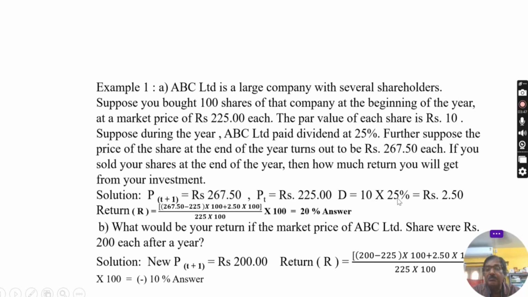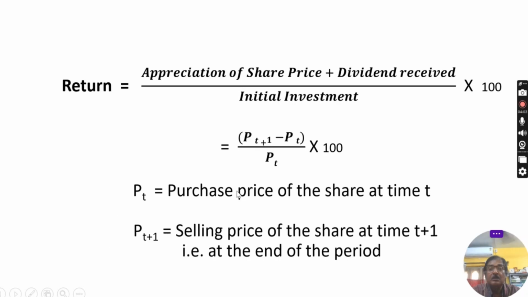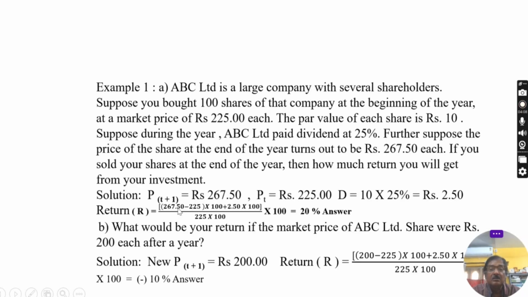Dividend received per share is 25% of the face value, that is 10 into 25%. This is per share. Now, if I put all these values in the formula which I have already shown, then you will see the return value is 20%.